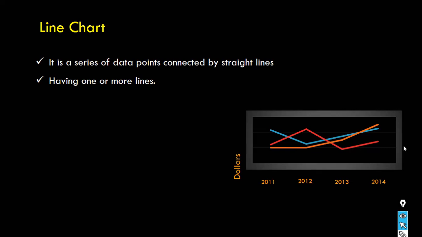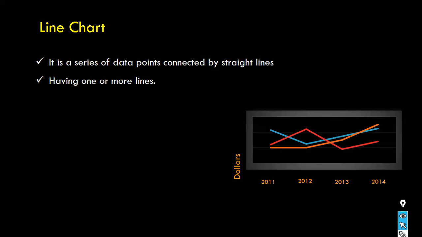The line chart can have one or many lines. So here you can see 3 lines are there, right? Orange, red and blue color. You can have one or many lines, but if you have too many lines it also gets cluttered and you cannot make out the patterns.